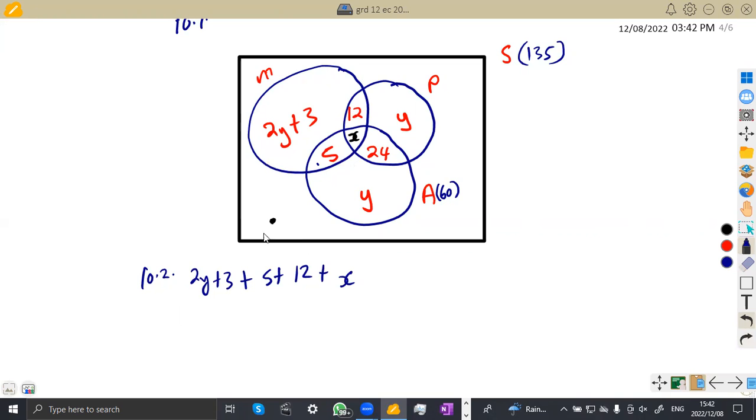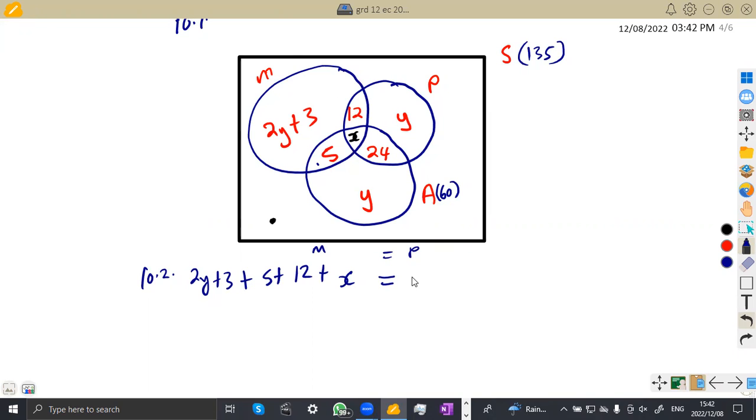Those are the ones taking mathematics, not mathematics only, but just mathematics. So you take everything surrounded by the set M. You equate to those who are taking physics. You close the set for P and equate that one.